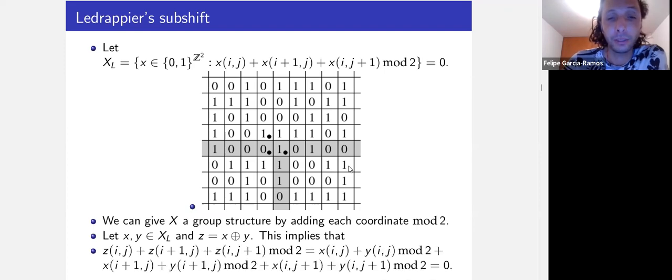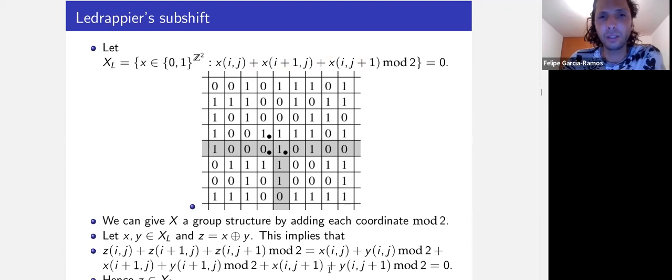If you take two points and you add them, it's easy to check that if you add two elements in X_L, the element will also be in X_L, because it will also satisfy this equation here.